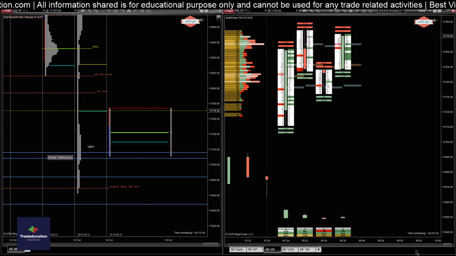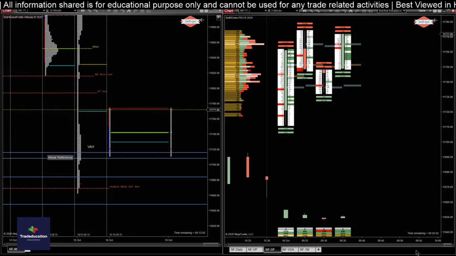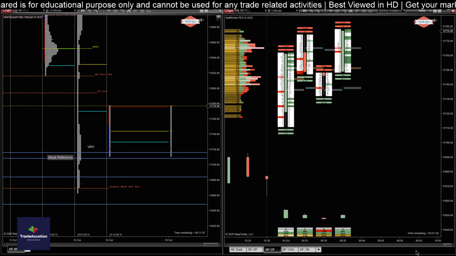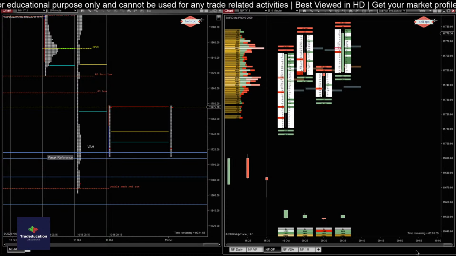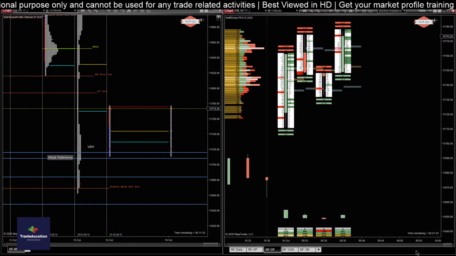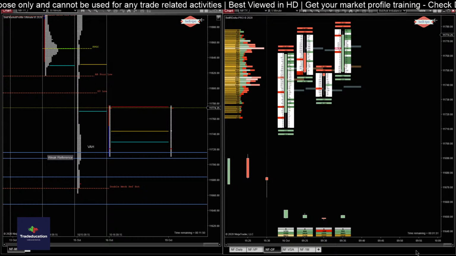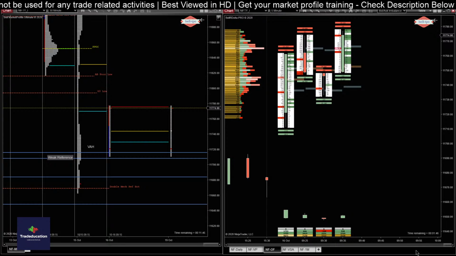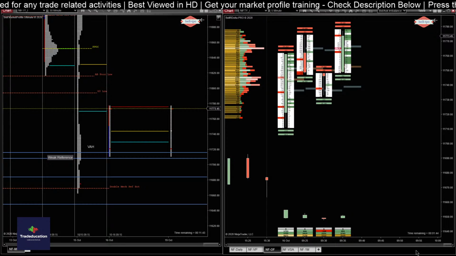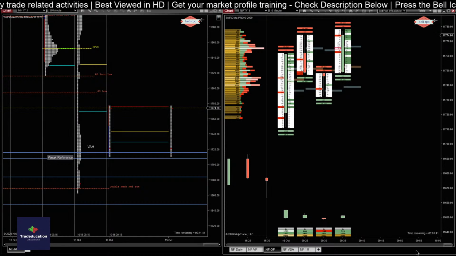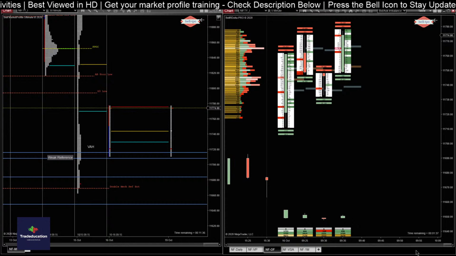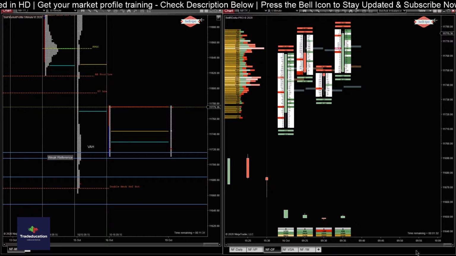So sellers are getting absorbed. Yeah, good tempo coming in, but not so good volume. Let's see whether we see continuation to the higher side or not.